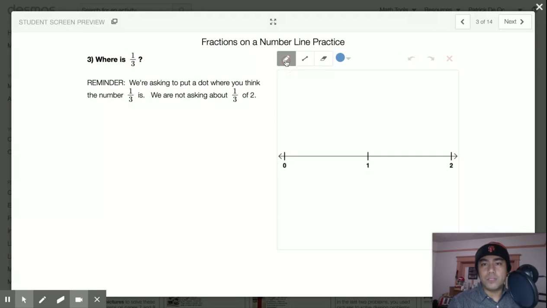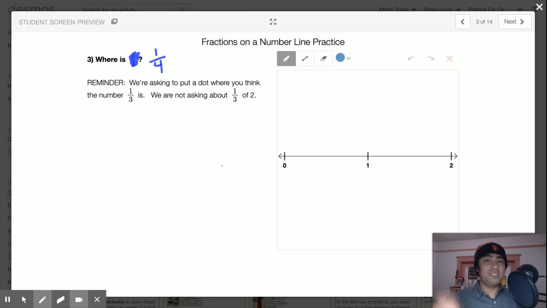You do have the ability to draw where you need to, but we're going to change this problem a little bit. I am going to change this problem to 1/4.